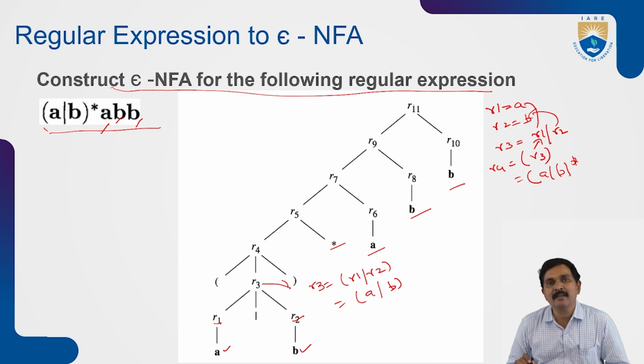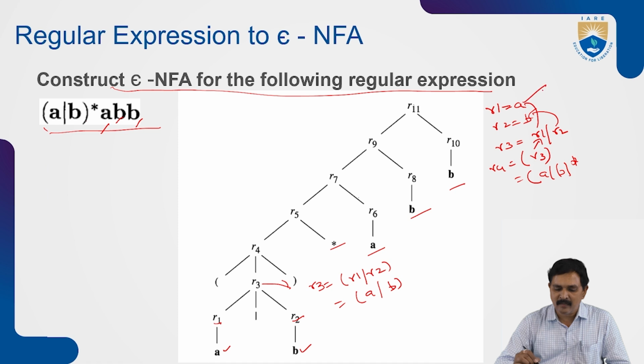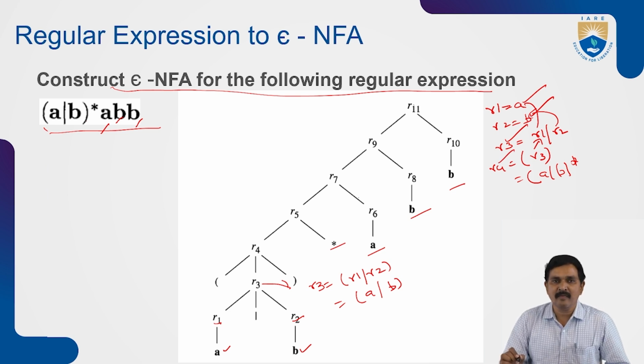The reason I say this is that we should solve the regular expression for A first, which is R1, and write a null NFA diagram for it, then for R2, then for R3. At a time you cannot attempt to solve the regular expression to null NFA problem.